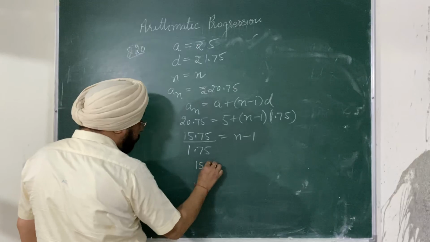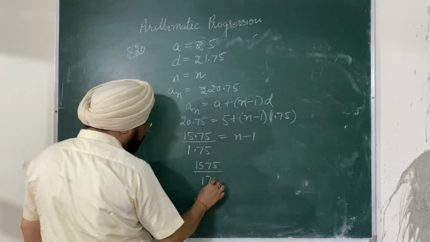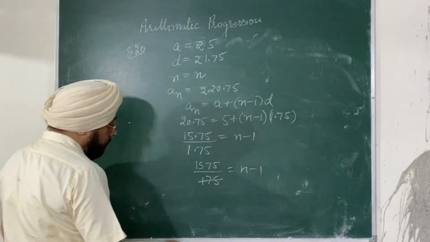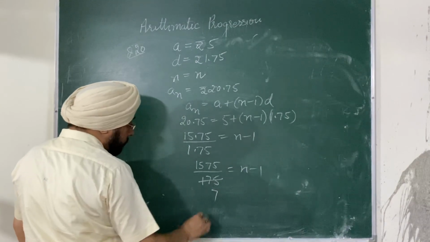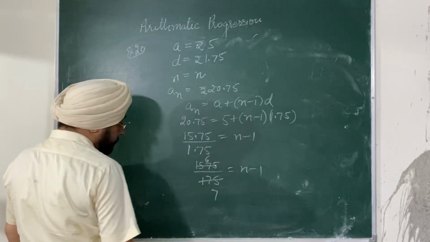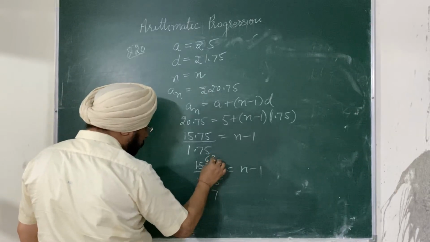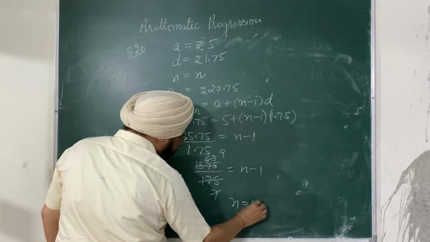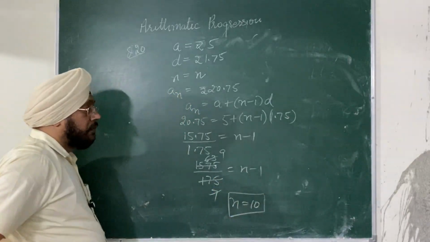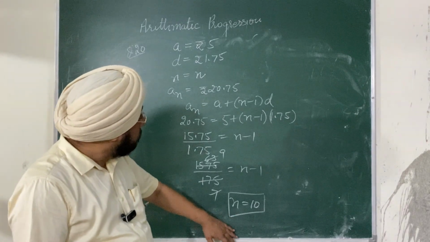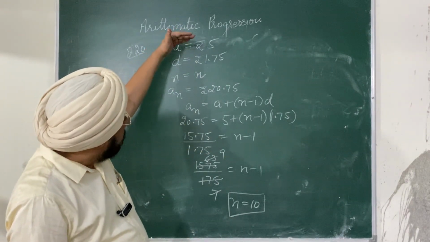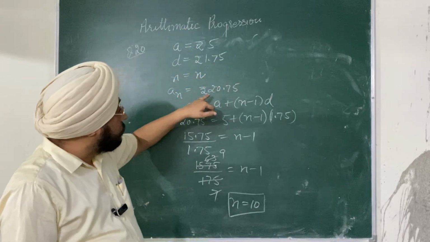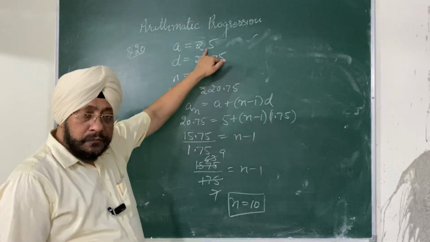So we are left with 1575 divided by 175 equals n minus 1. Now you can see this is 25 into 7, 25 into 6 and 25 into 3. So 7 into 9. Bring this minus 1 to the other side, we get n equals 10. It means after 10 weeks, her saving becomes rupees 20.75 from rupees 5.